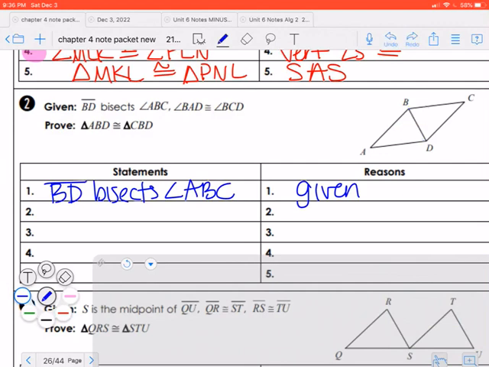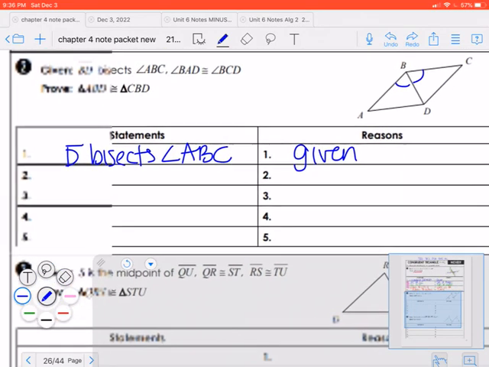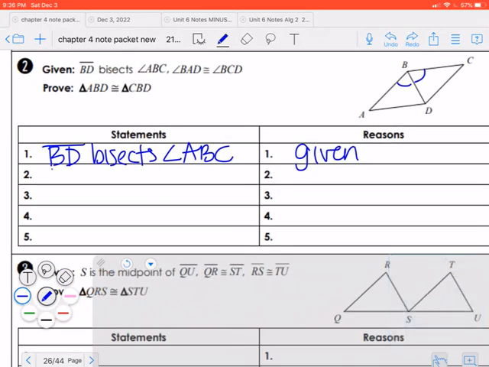Okay, so just like when they tell you something's a midpoint, your automatic statement after that is the two sides are equal. Just like that, if they give you that a segment is bisecting an angle, we say right after that, our statement is that the two angles, the two halves that the bisector is cutting, are equal, congruent. So let's name those.